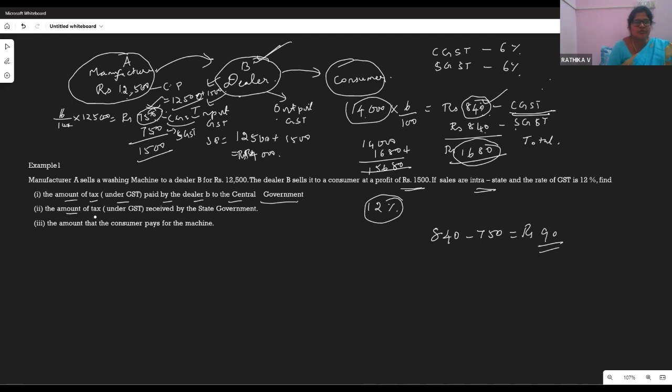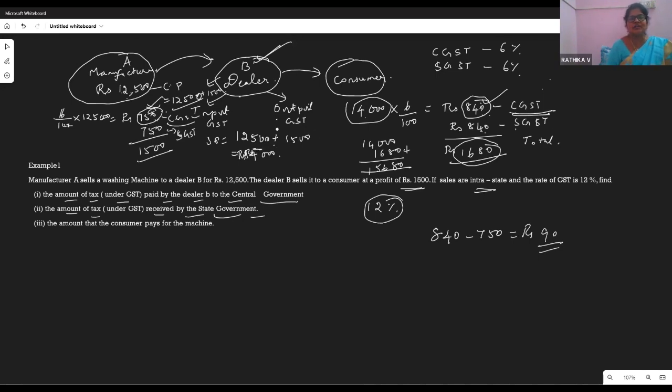Next, the amount of tax received by the state government. How much is received by the state government? What about the profit, madam? That 1,500 rupees profit is for the dealer. He is going to use it; that is his profit.